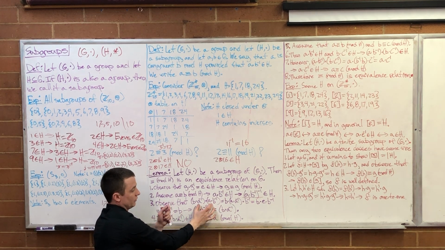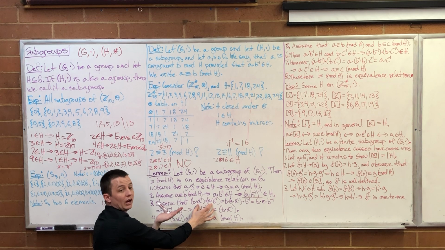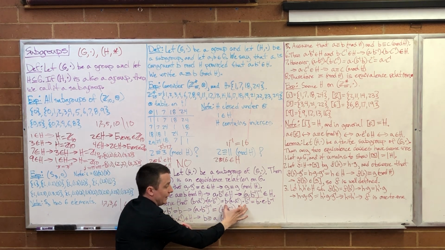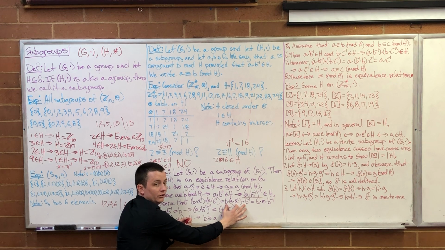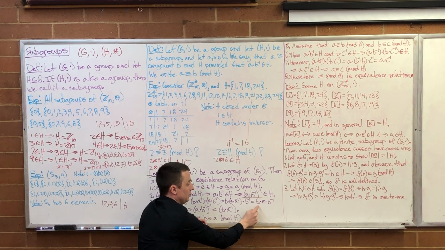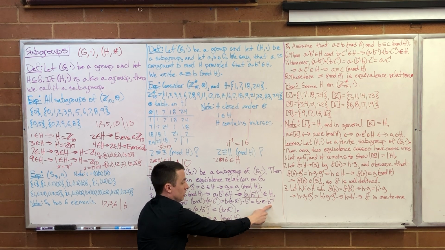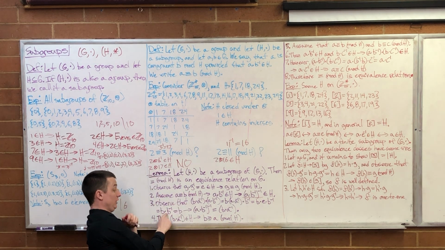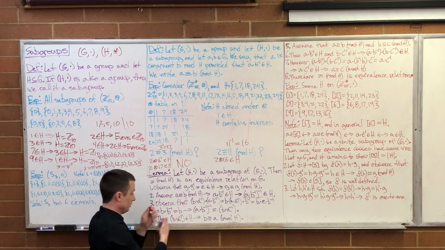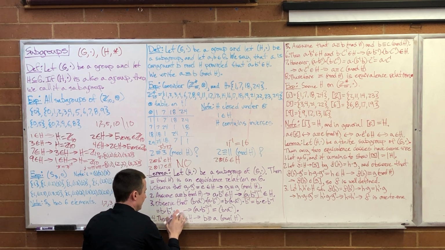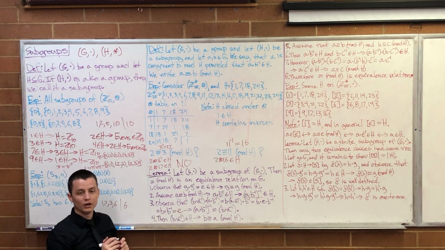Well, when we do this, it's associative, so we can rewrite our parentheses however we want. We rewrite it like that. What's a dot a inverse? The identity, right? So now we have b dot identity dot b inverse, which is just b dot b inverse, which is the identity, which is equal to the identity. Everyone follow the math there?